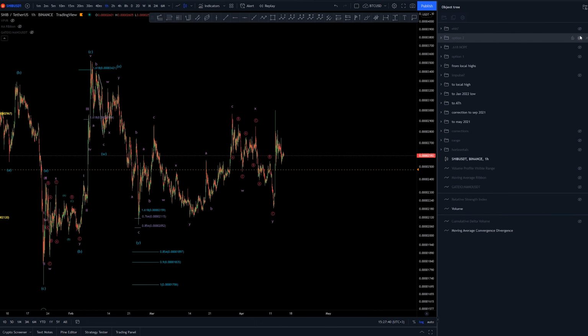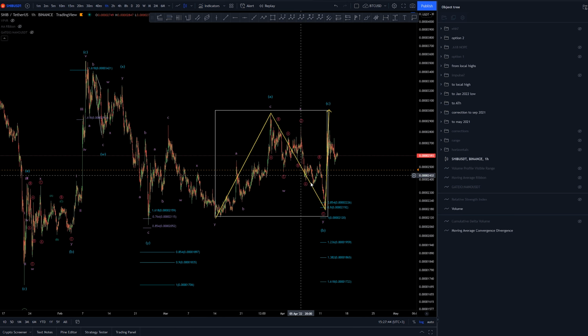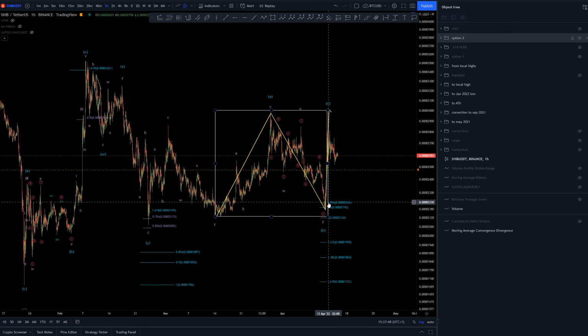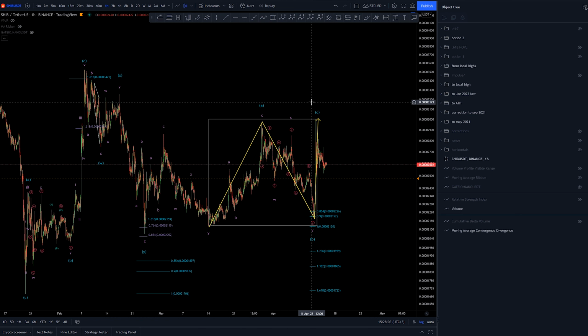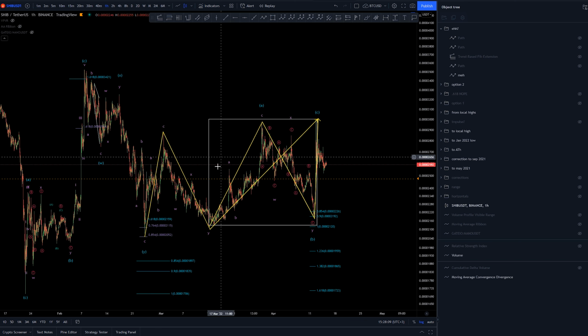Option 2 is this one. On this one, we clearly go beyond the minimum requirement for the flat correction, so above the 85% retracement, and this looks like a basic flat correction to me. So A, B, C, but there's again issues as usual.